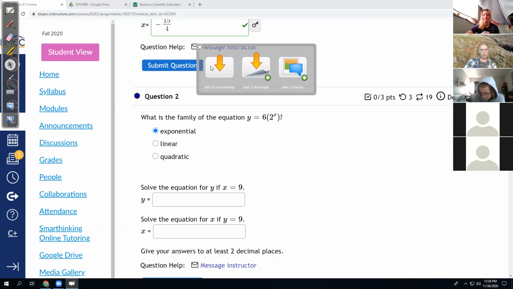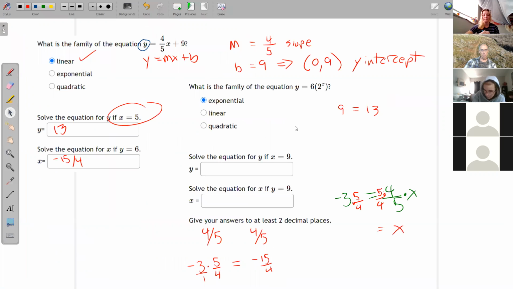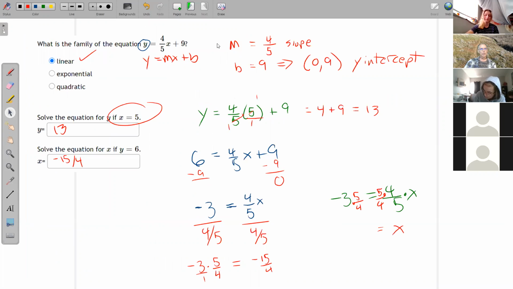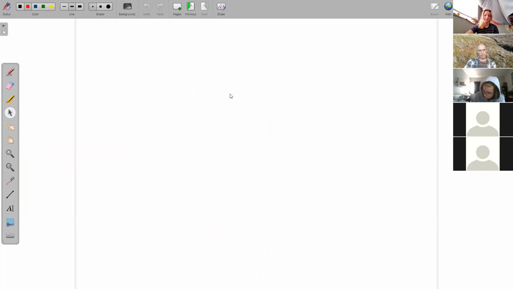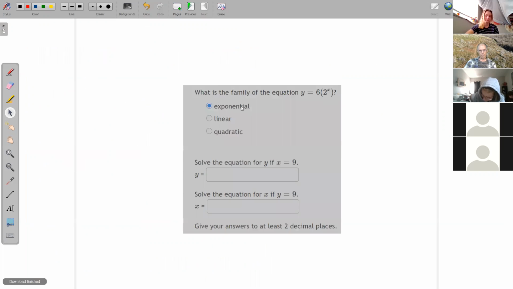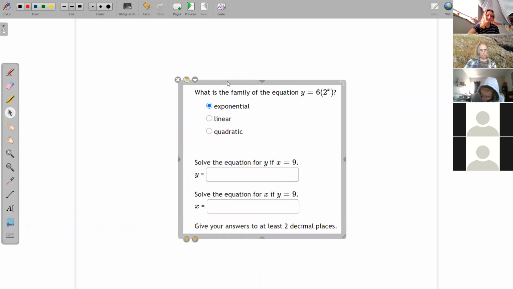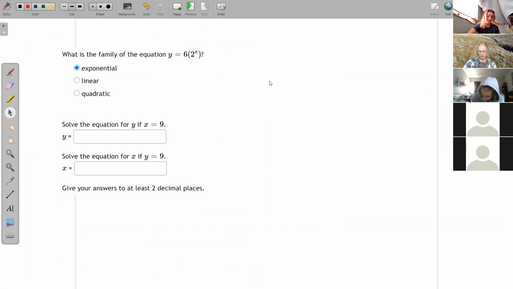Copy so we can scribble. All right, so we think we identified the type, and just a reminder of our basic form of an exponential. I wrote earlier, y equals some number I call a times b to the power x.